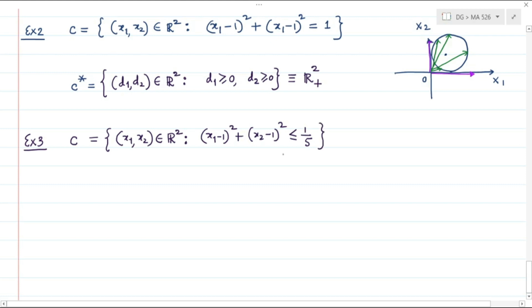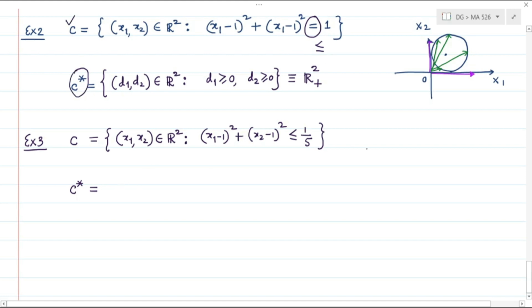Let me find the dual cone of this circle. In the set C you could also consider, instead of equality, less than or equal to 1; for the set C with less than or equal to 1, the same C star is the dual cone.